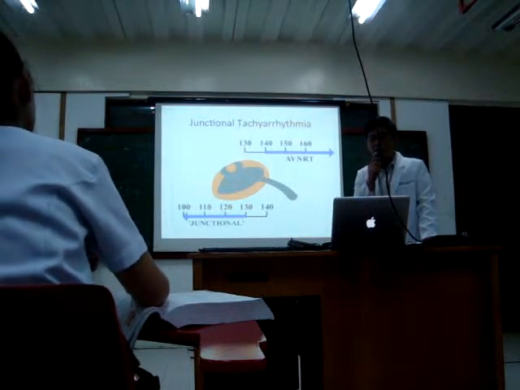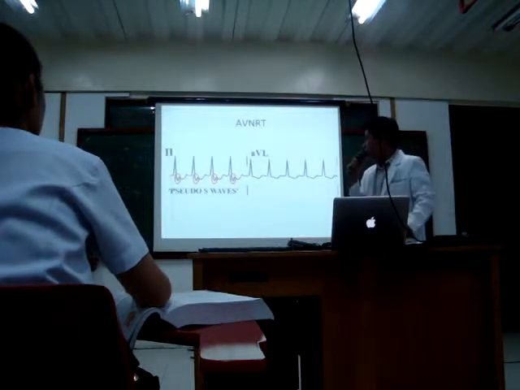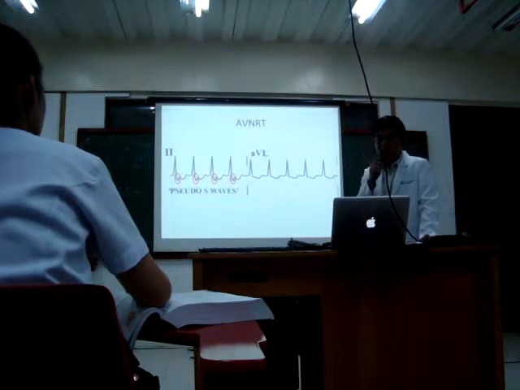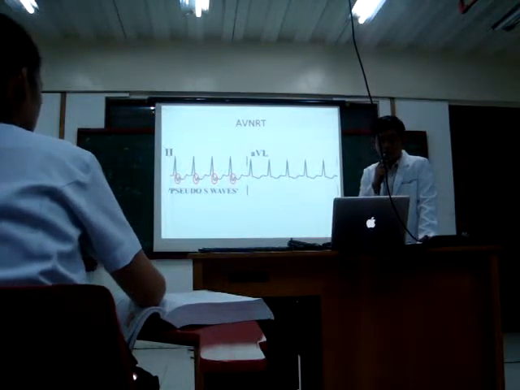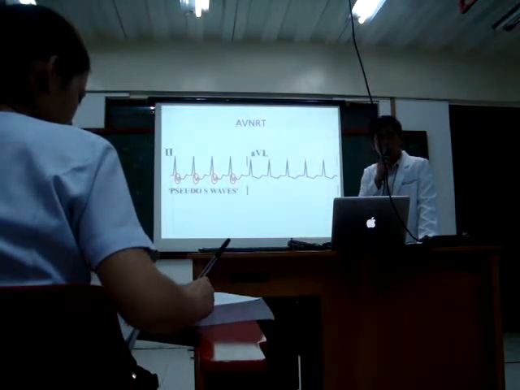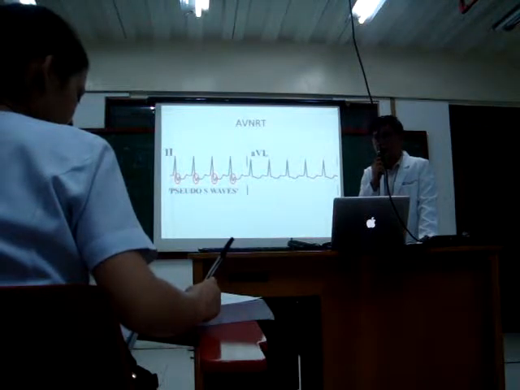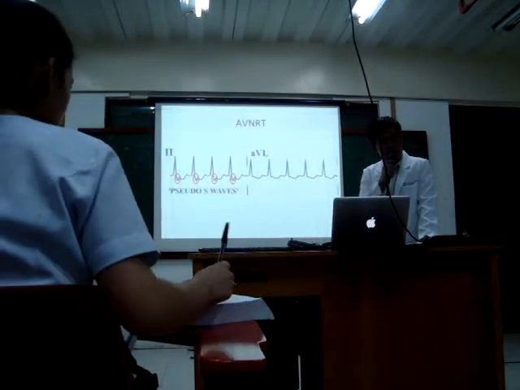Now, what's another thing you need to know about AV-NRT? In AV-NRT, you will see what's called pseudo-S waves. What is a pseudo-S wave? What do you mean by pseudo? False. Good. So it's a false S wave. Why is it a false S wave? Anyone know?